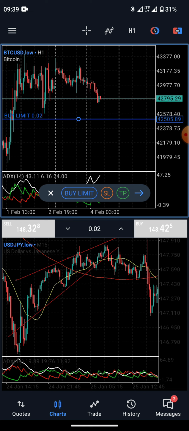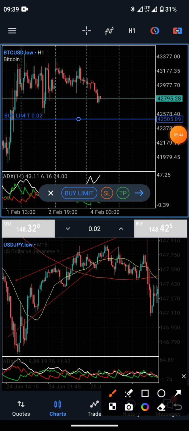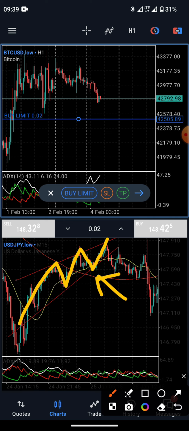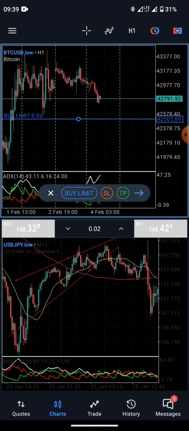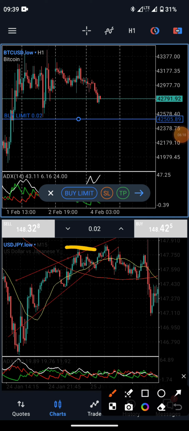Consider this market, the trending market here. You can see the price is going up, right? It comes down, goes up, it comes down, it goes up. Now, you want to buy at this point here, right? You want to buy at this point. What you do is you can't use a buy limit and place it here because before you place that buy limit at that point, you have to be in the market when the price has reached this point, right?